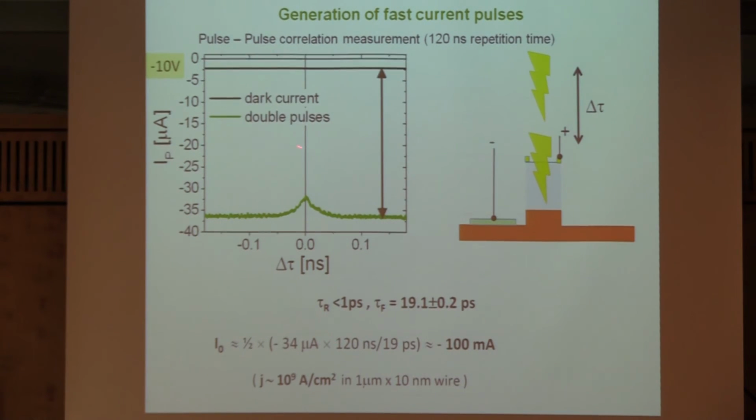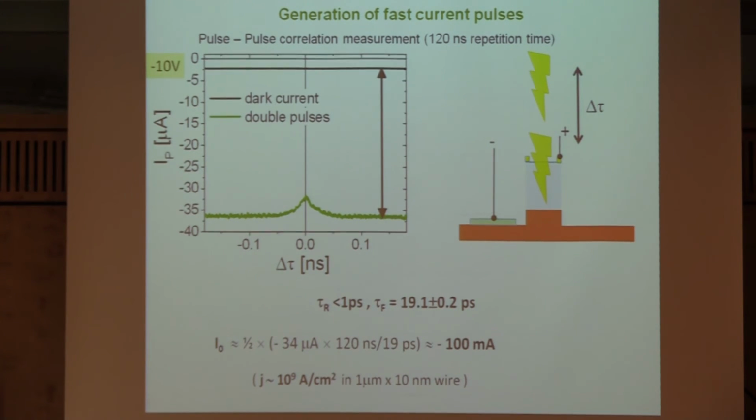If you look at the intensity of the current you generate, it is of the order of what we would require for those short pulses, if we were able to bring this current into a thin film of copper manganese arsenide. This is a very different approach from optical excitation as we heard before.